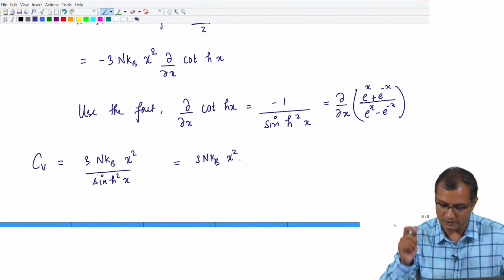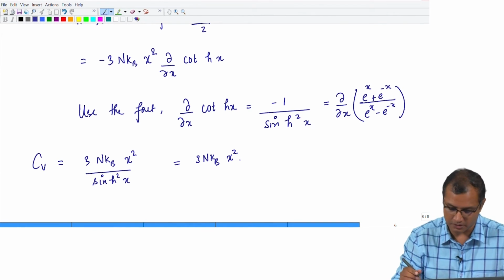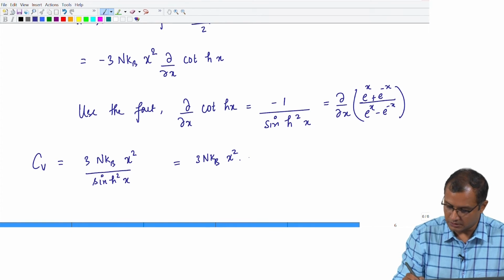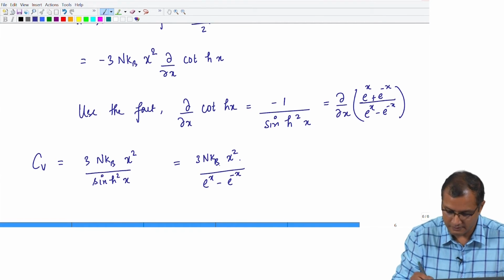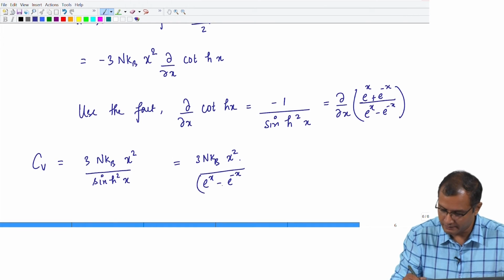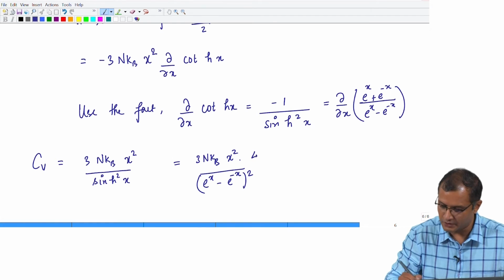Okay. So, you can write sinh square x as nothing but 1 upon e to the power x minus e to the power minus x by 2 the whole square. So, there will be a 4 in the numerator.